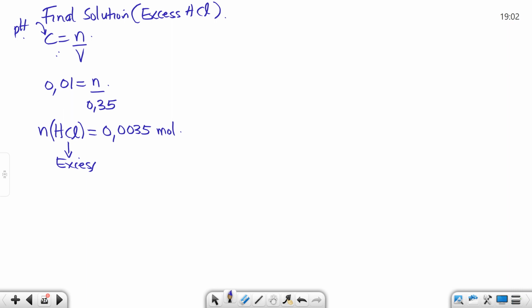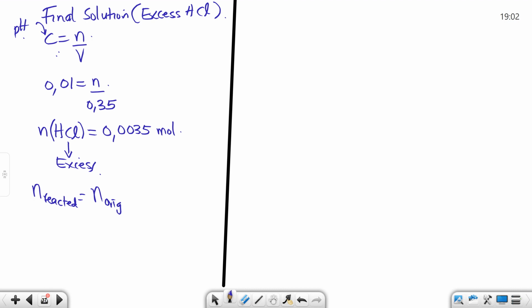So we have the number of moles of the excess hydrochloric acid. By the way, we have the number of moles of original as well. Does that make sense? If this is excess, can we find the number of moles that reacted? It is number of moles of original minus number of moles in excess.